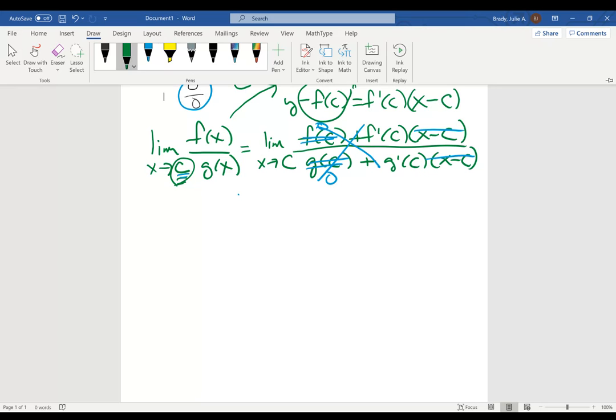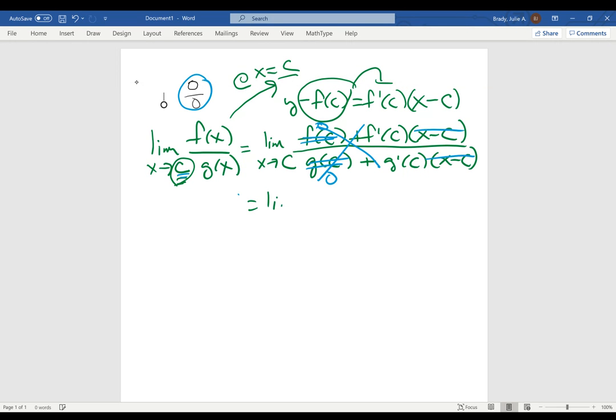So the limit as x approaches c would just have to be f prime of c over g prime of c, provided that g prime is not 0. So you just get these two things. My math's not as careful as it should be, but that's the general idea.